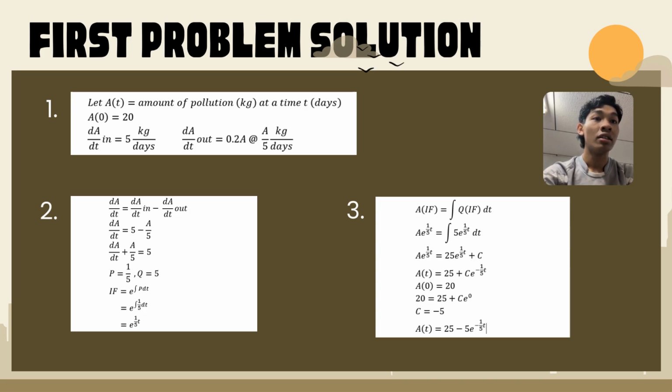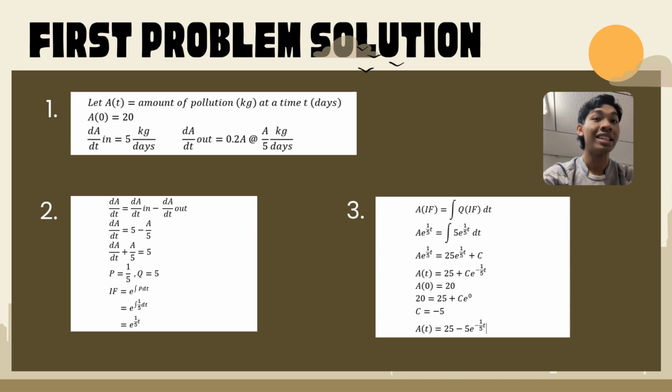Then on the left side, we must let A stand alone, so A equals 25 plus C times exponential power of negative 1 over 5t.